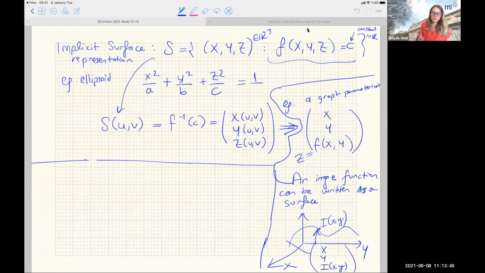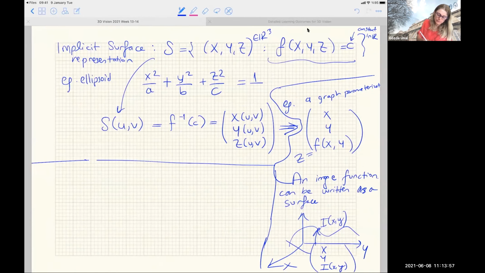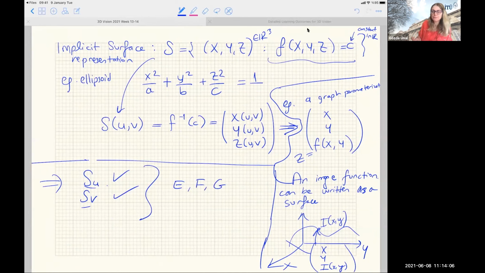So my point here was, where did we come to this? I was trying to say, guys, for the ellipsoid, this is a typical parameterization. Now you can calculate S sub u and S sub v, and from there you can find its Riemannian metric, E, F, G, to make your measurements.